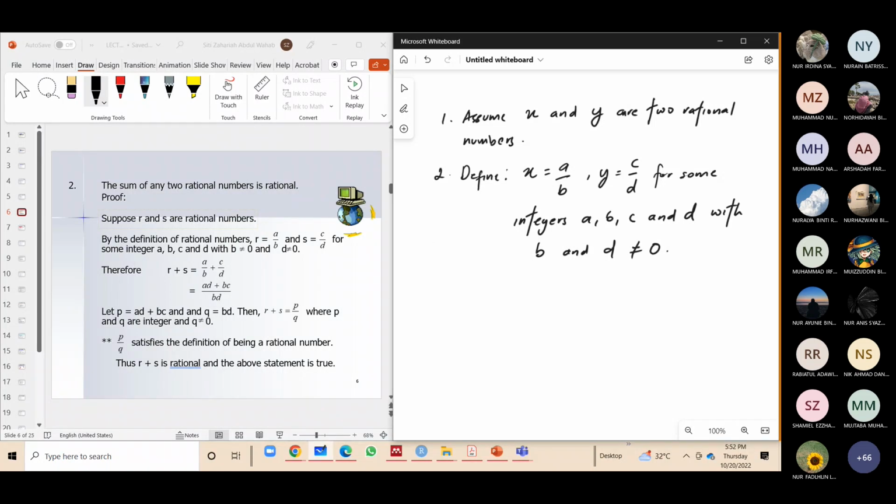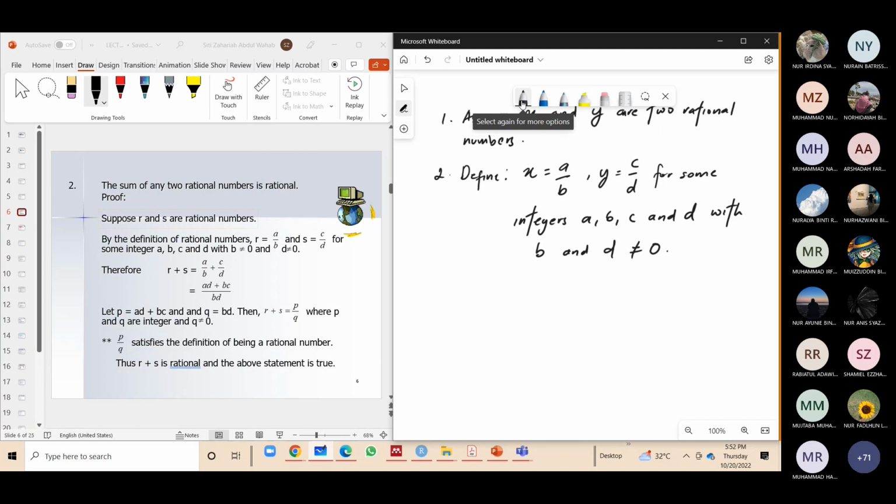If I have 2 over 0, it will be a maths error, right? 3 over 0, maths error. So here you have to put the condition there. B and D cannot be 0. So only integers other than 0 can be inserted into B and D, but not 0. Right?